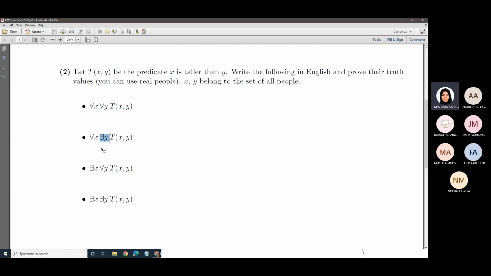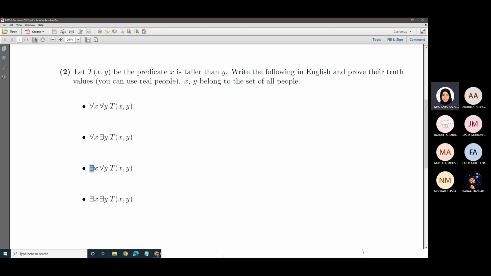Is he taller than someone? He's the shortest. Okay, you have to think about it in this way. Logically, you will think about it. There are no specific values you have to check because the data says all people in the world. They did not list specific elements in the domain.